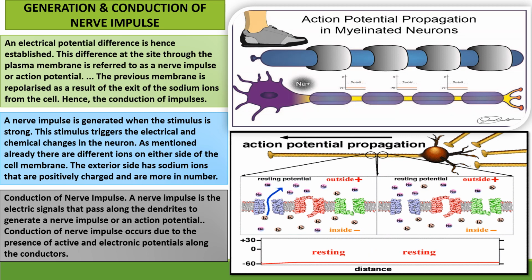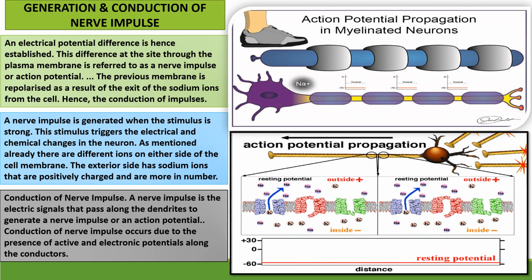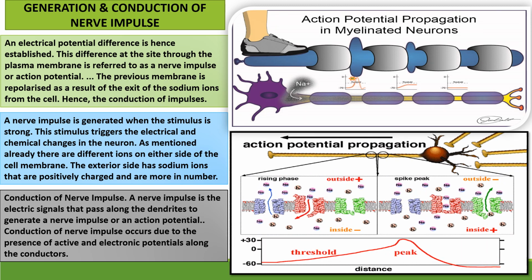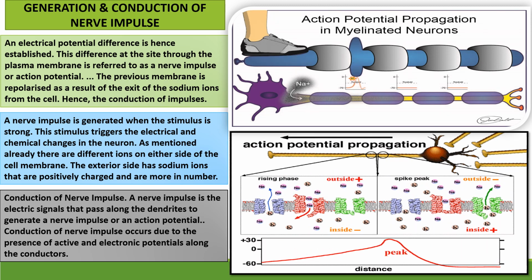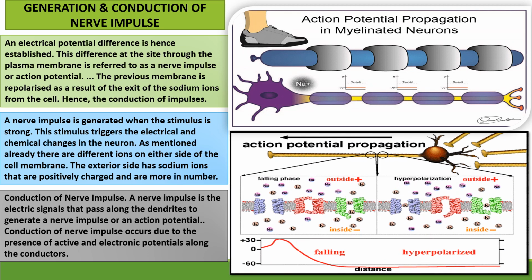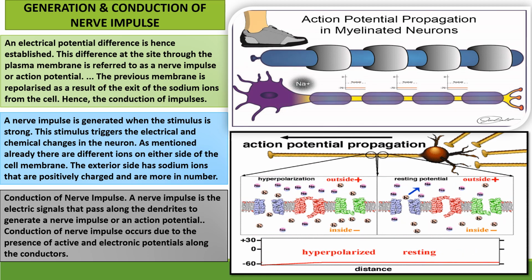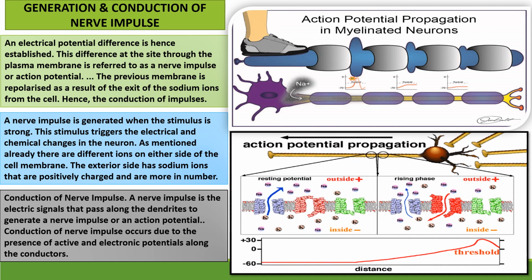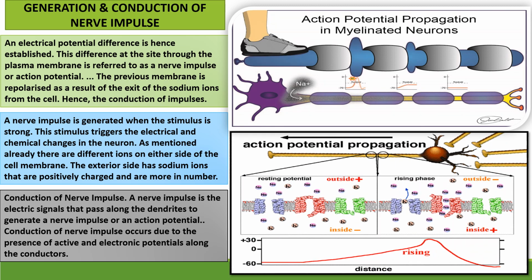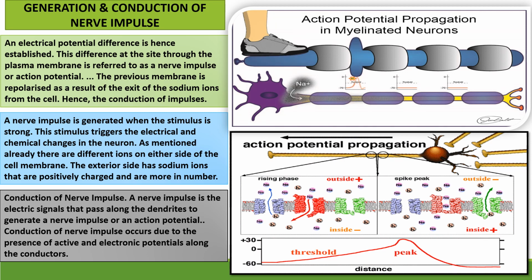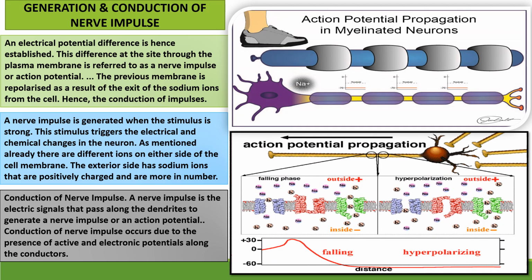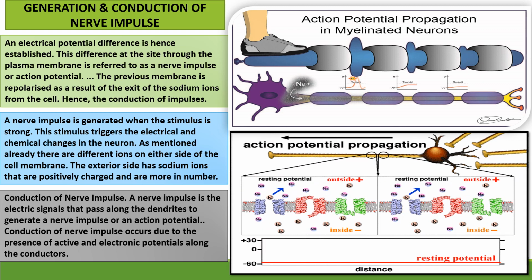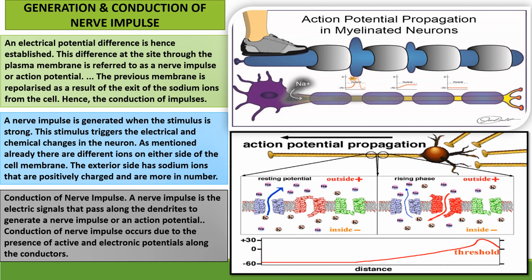Sodium ion moving, calcium ion also moving. K for potassium, Na for sodium. Now the next one. Here also same case, spike peak happening, the hyperpolarization, resting polarization, arrow also has been given. And there one graph has been given: threshold level, this is the peak condition, this is the hyperpolarized condition, this is the resting phase, resting potential.